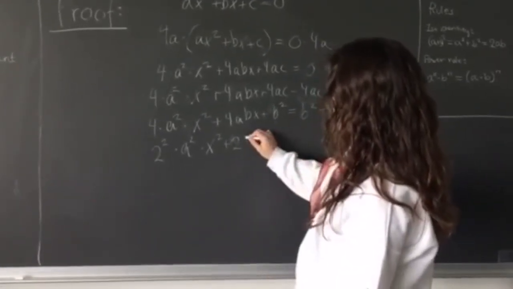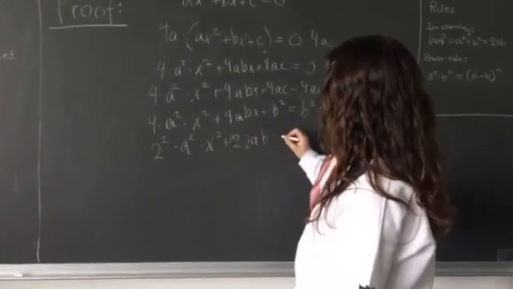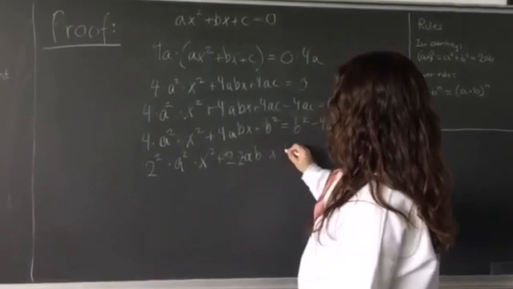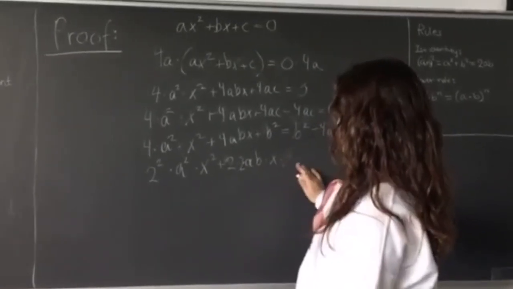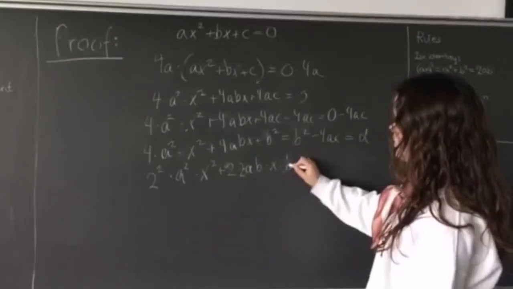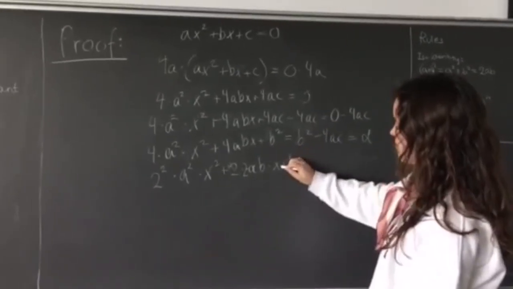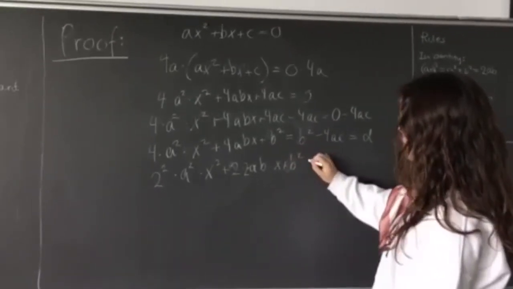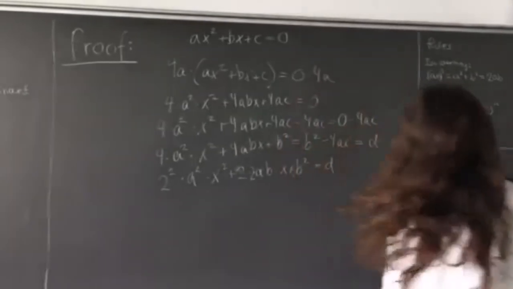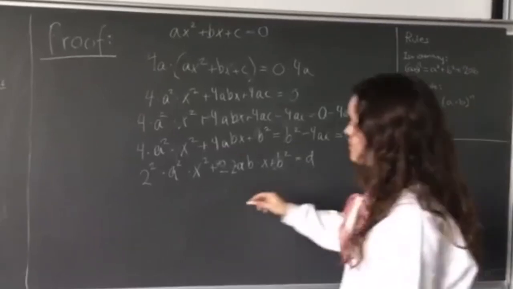It's actually easier if we also write 2 here, right there. And then we write times x times b. I think that's how it is supposed to be. Plus b squared is equal to d. And now we can write it as our first identity.